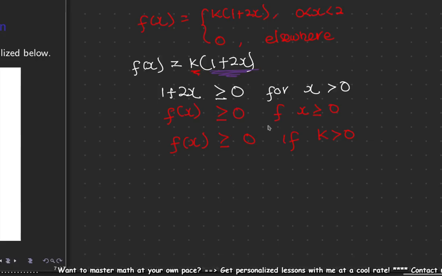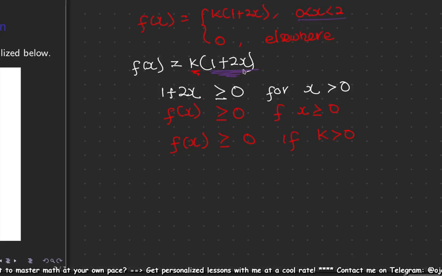You see? So if we want this to give us a value that is greater than 0, then as we have verified that for this range of values, the bracket would definitely give us a value that is greater than 0, then the k we want here must be greater than 0 so that the function would hold for non-negativity. I hope that is clear.